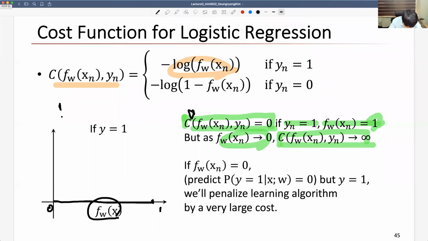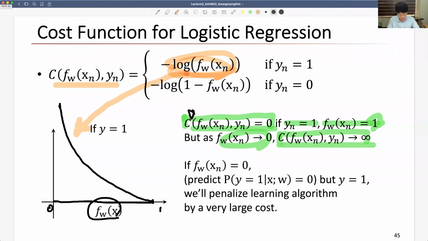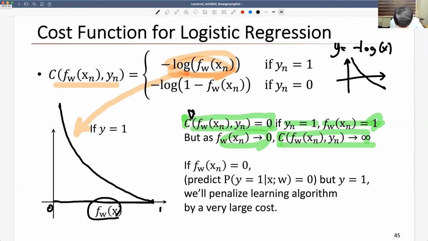The cost function looks like this one, right? This log graph satisfies this shape. Actually, the negative log graph looks like this, right? So you can easily draw this one.